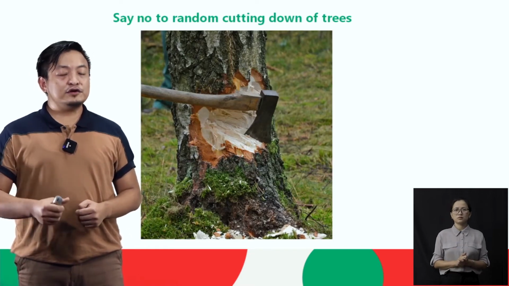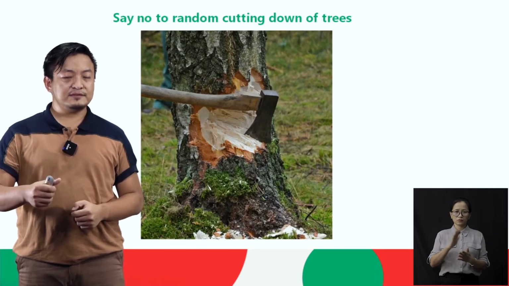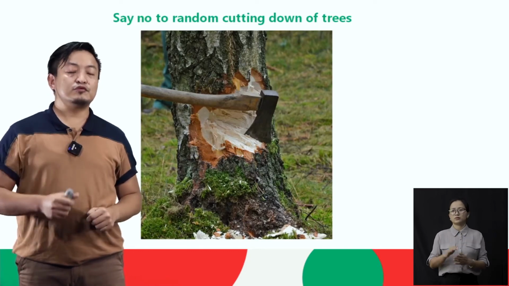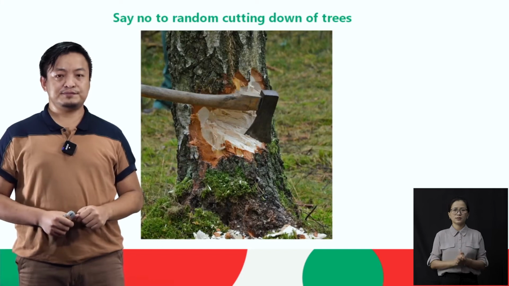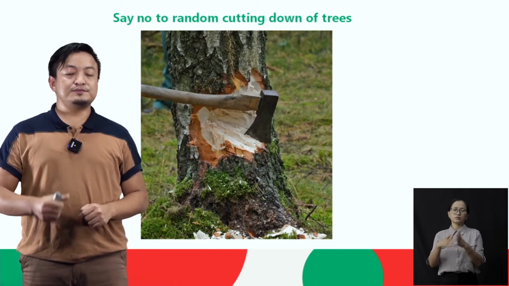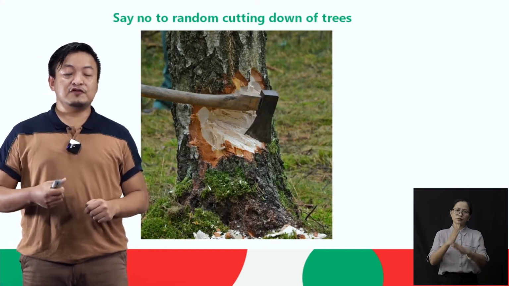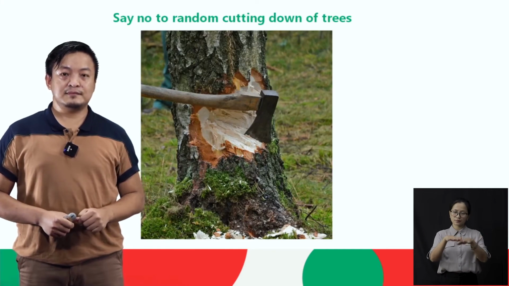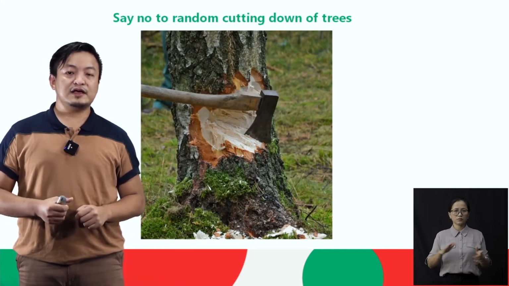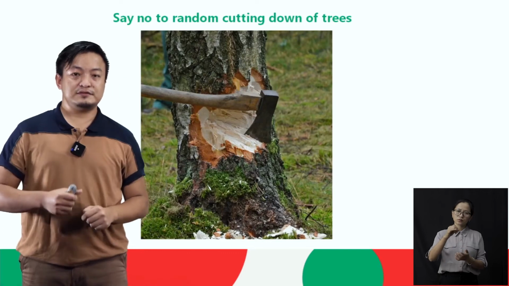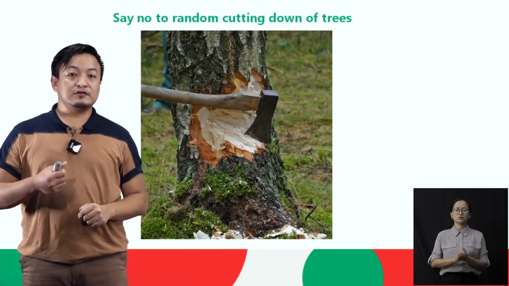So in order to prevent this flood, we should say no to random cutting down of trees, because trees prevent us from floods. And students, have you heard about soil erosion? Soil erosion.